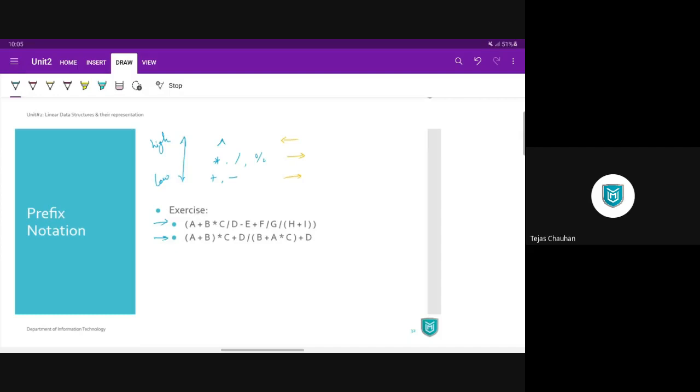Okay, Parthiv has posted the answer for the second one also. AB plus. Okay, C star.